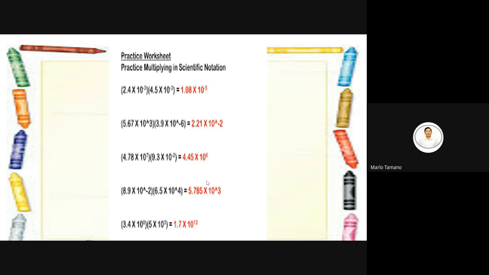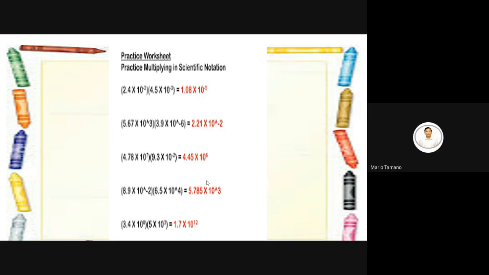So 2.4 times 4.5, anong product? Anong product niya? 6.9 po? Ha? 10.8.